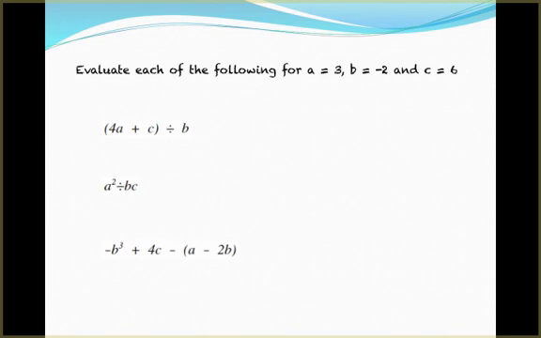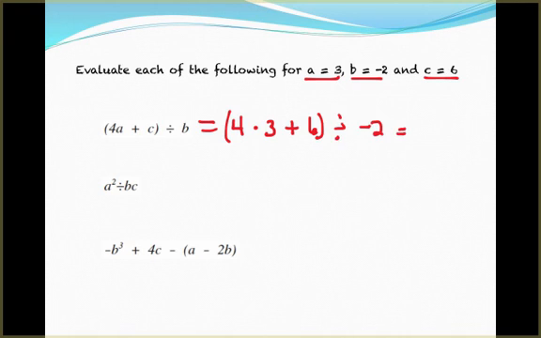Now let's take a moment and use the order of operations to evaluate some expressions with the values of a being 3, b is -2, and c is 6. So we'll take our first expression and replace all the variables with their values. That's going to give me 4 times 3 plus 6, divided by -2.